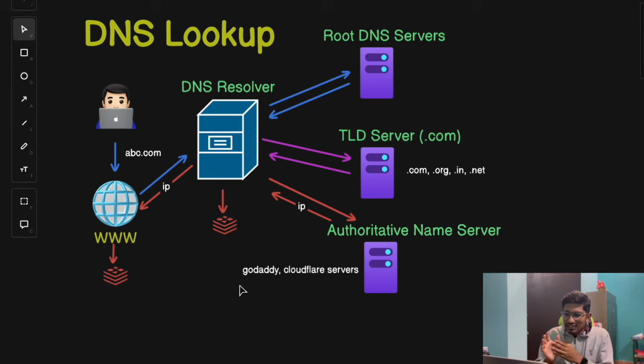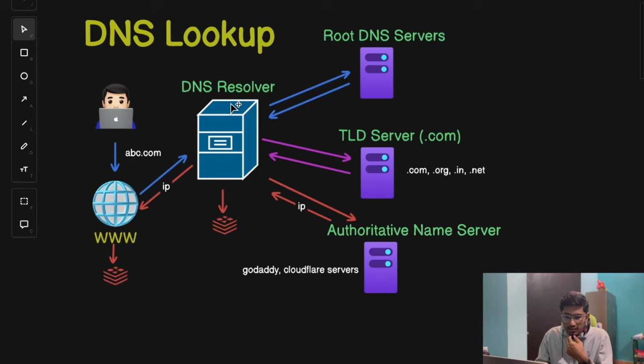So it translates human-readable domain names, like, as I told, crickbuzz.com, to an IP address like 192.168.1.1 something. It can be anything, right? So this is how DNS works at a high level. So when you type a URL into the browser, the browser asks the DNS resolver to resolve this name to an IP address. Okay.